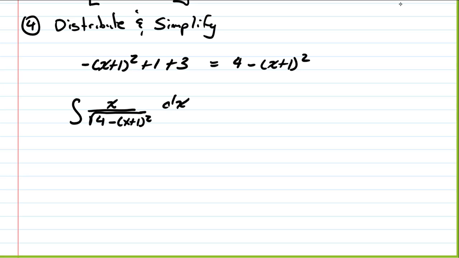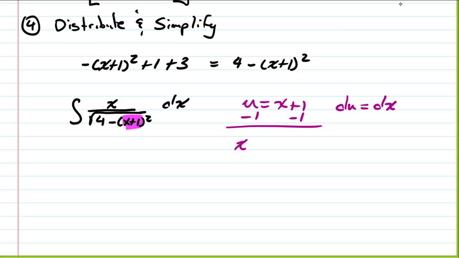X plus 1. So if we let u equal x plus 1, then du is equal to dx. We're also going to need this, so -1 minus 1, we get x is equal to u minus 1.